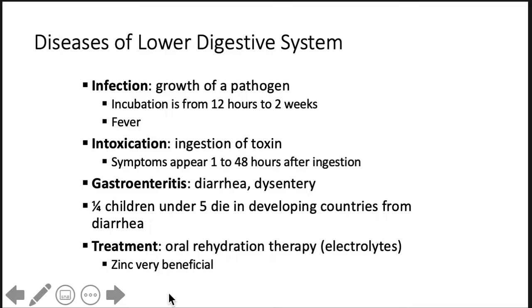We have learned that treatment with zinc and rehydration therapy, getting those electrolytes to these children, can greatly decrease their likelihood of dying. But of course, that means those children would have to have access to this rehydration therapy with zinc, which most of them are not, unfortunately.